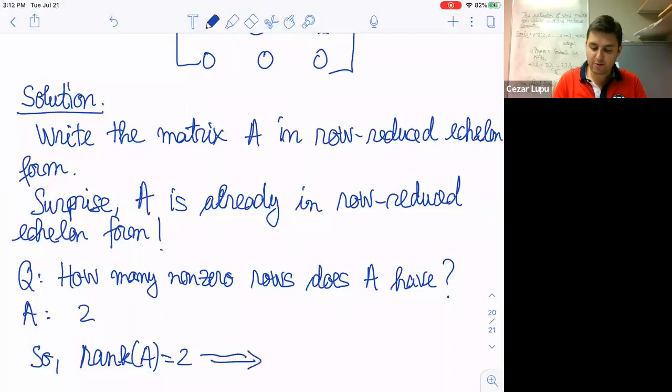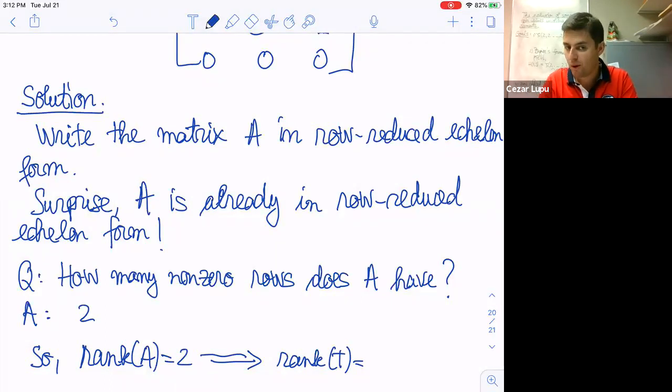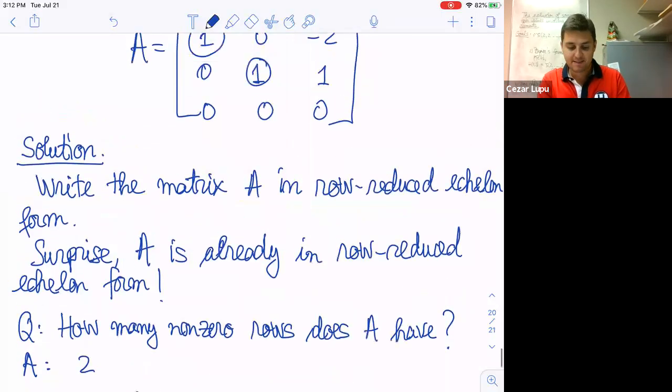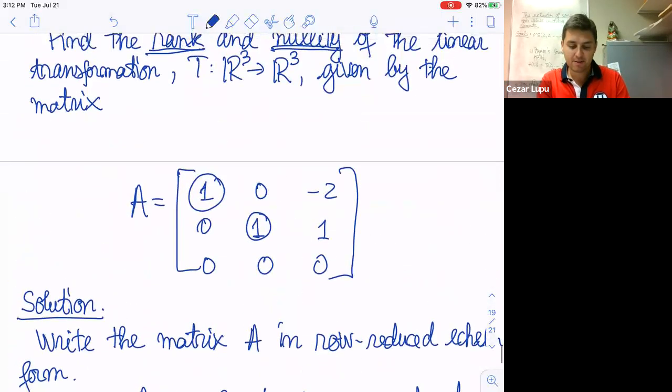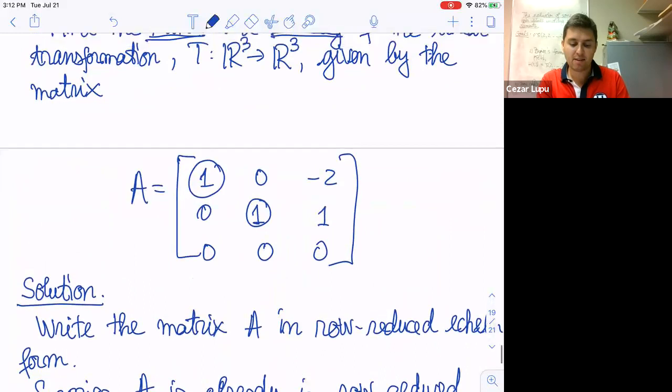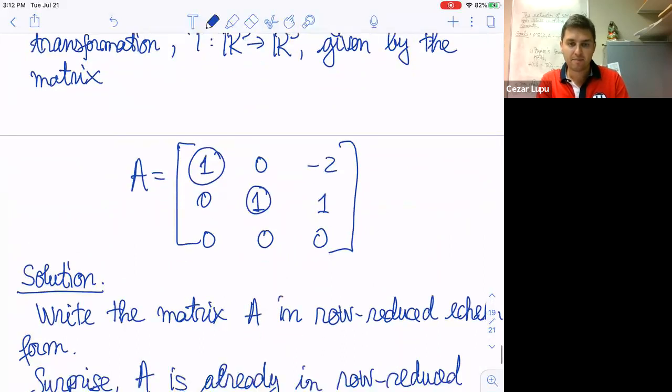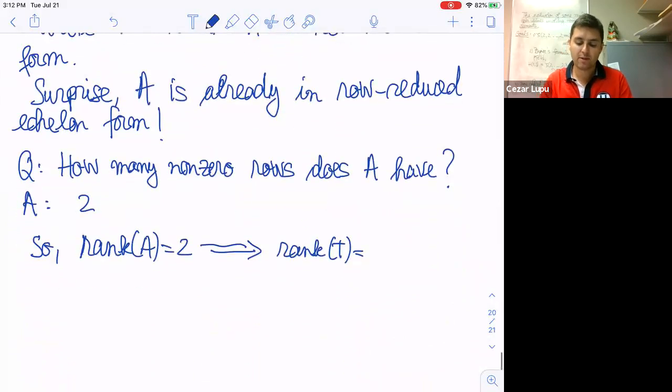That the rank of the linear transformation associated to this matrix will be what? Well, keep in mind, the linear transformation is that thing, T of V equals AV. So the rank of the linear transformation will be the same as the rank of the matrix, will be again 2.